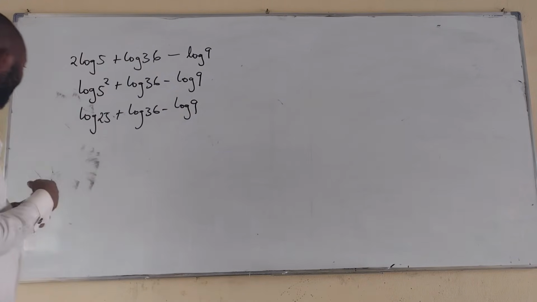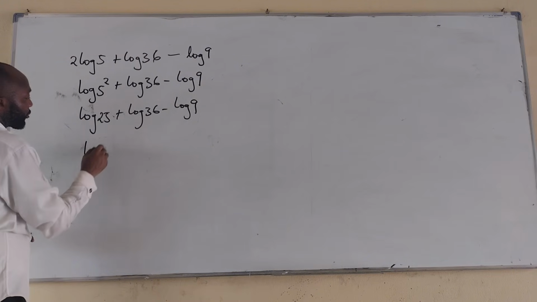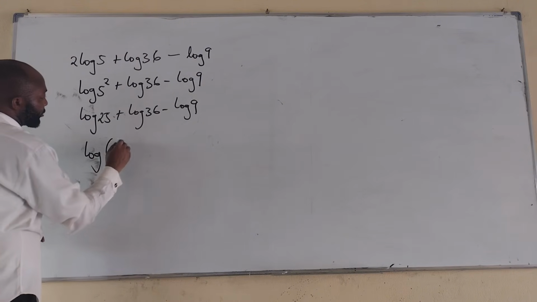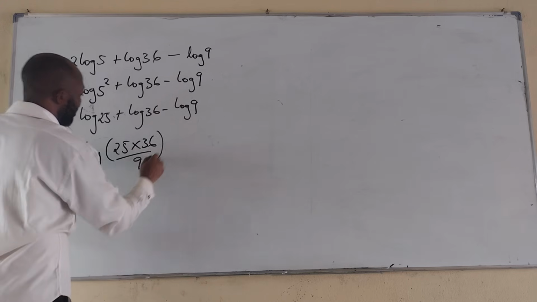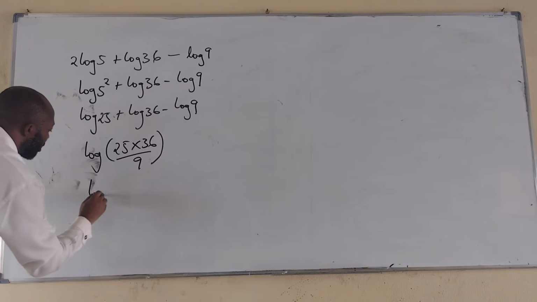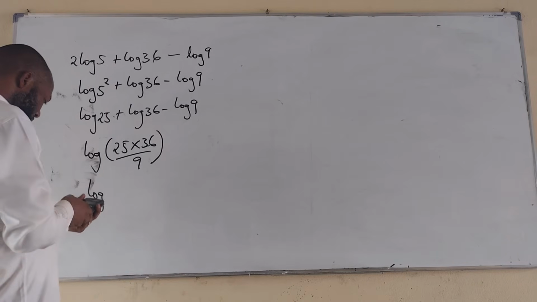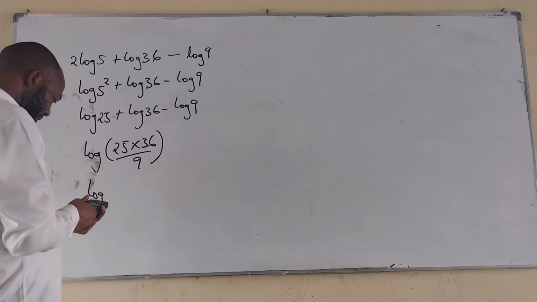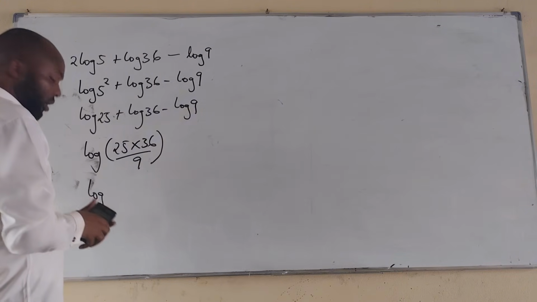So let's proceed. Now I have log, in base 10, open bracket, 25 times 36 over 9. Let me find out: 25 times 36 divided by 9 is 100.